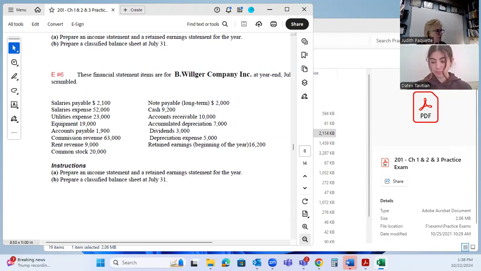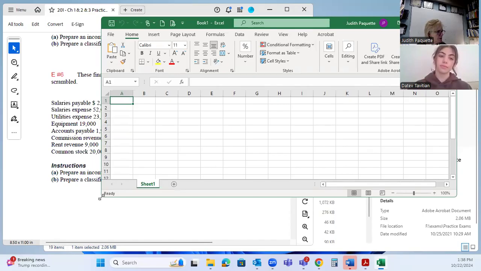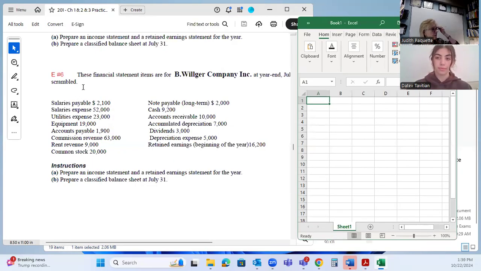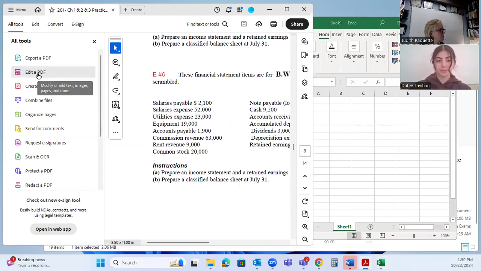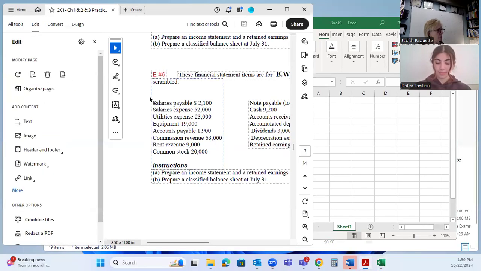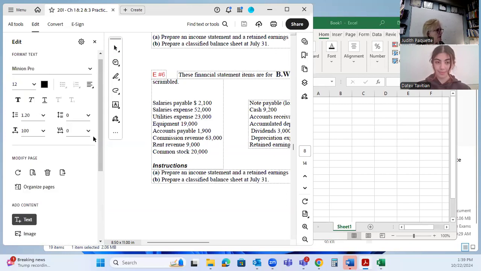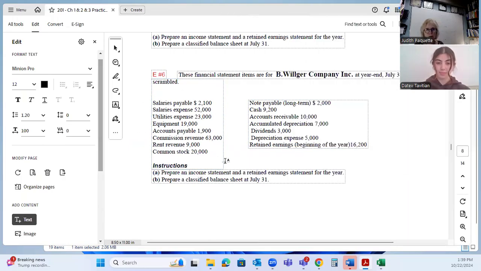All right. So the first thing I like to do with this problem is take a look at these accounts, and I want to think in terms of what category they are in.